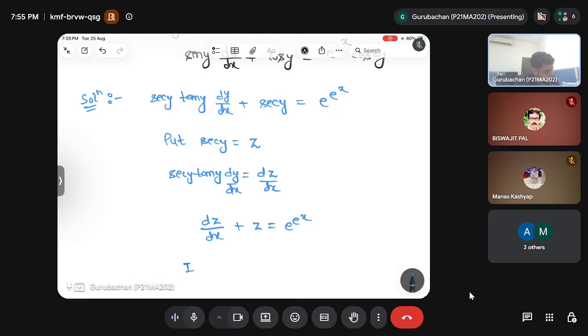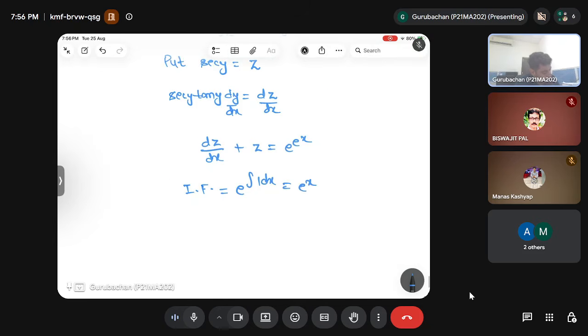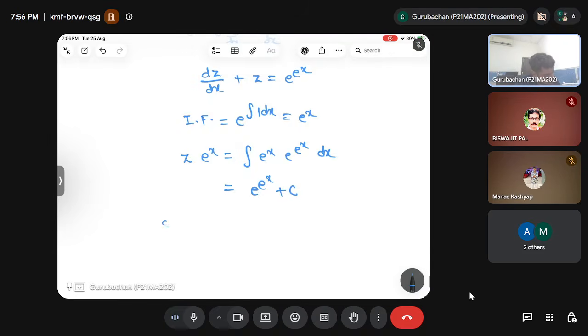So the integrating factor will be e to the power x, and the solution will be z into e to the power x equals the integral of e to the power x dx. So this will give you e to the power x plus some constant, and you know the value of z, that is sec y e to the power x.